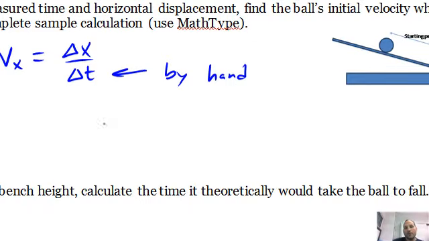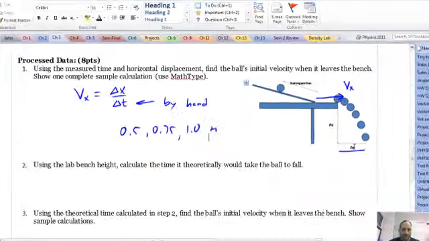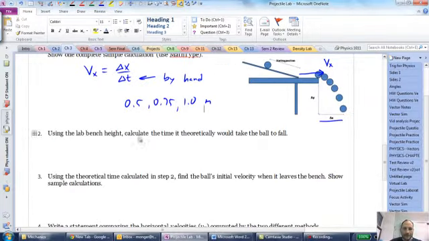You're going to do this for all three distances, for 0.5, 0.75, and 1.0 meters. Okay, you should have three different delta x's for that. For the second one, you're going to find the theoretical time.